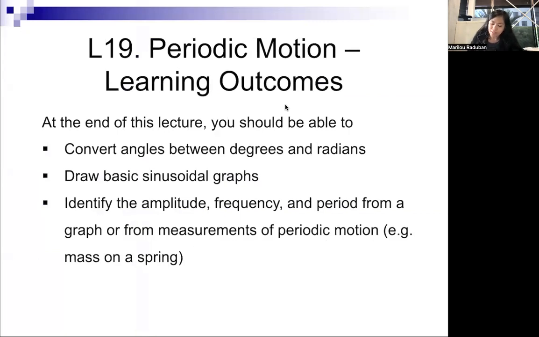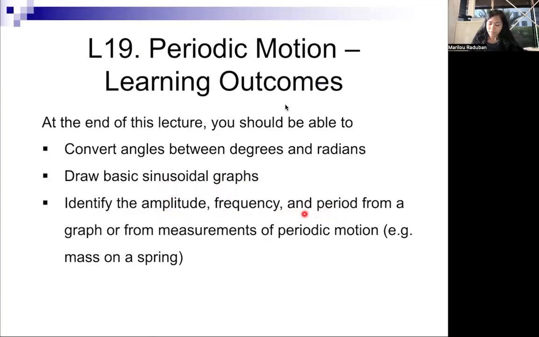But we will still define the parameters of a periodic motion, and we'll talk about a specific kind of periodic motion called simple harmonic motion that is characterized by a sinusoidal graph. And we'll talk about what a sinusoidal graph is, and then we will identify the parameters that describe the periodic motion and the sinusoidal graphs, in particular the amplitude, frequency, and the period of the simple harmonic motion.